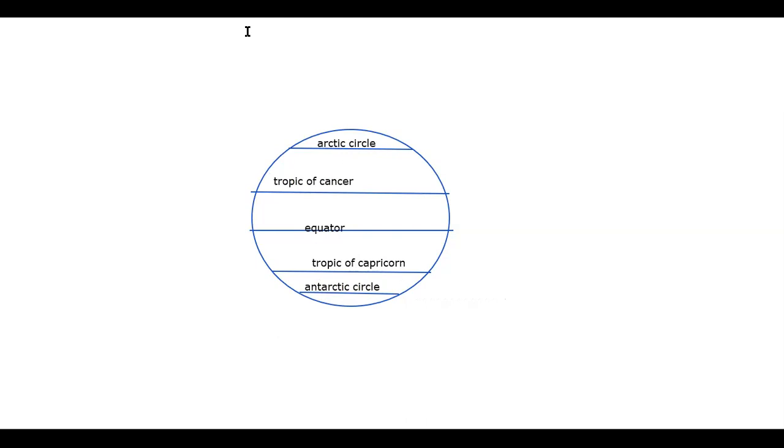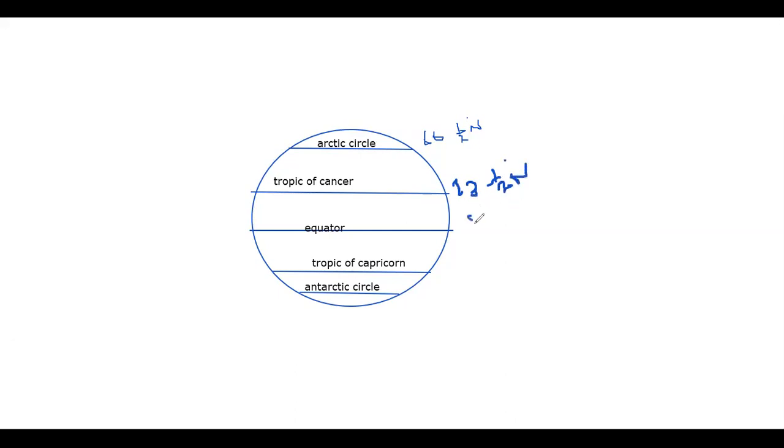Before that, let me write that. The Arctic Circle lies at 66.5 degrees north. Then after that, we have the Tropic of Cancer at 23.5 degrees north.